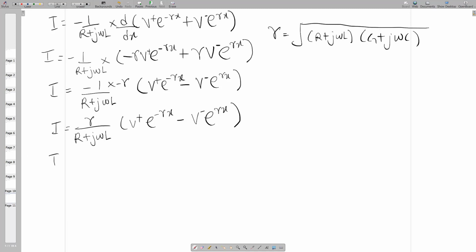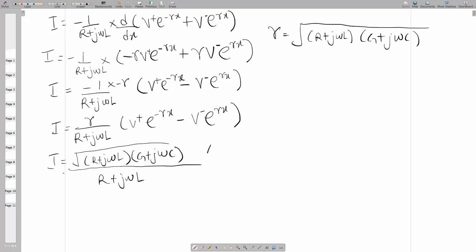So I will be equal to the root of R plus j omega L multiplying G plus j omega C, that is for this gamma, all over R plus j omega L, and I'll multiply this by V plus e minus gamma x minus V minus e positive gamma x.